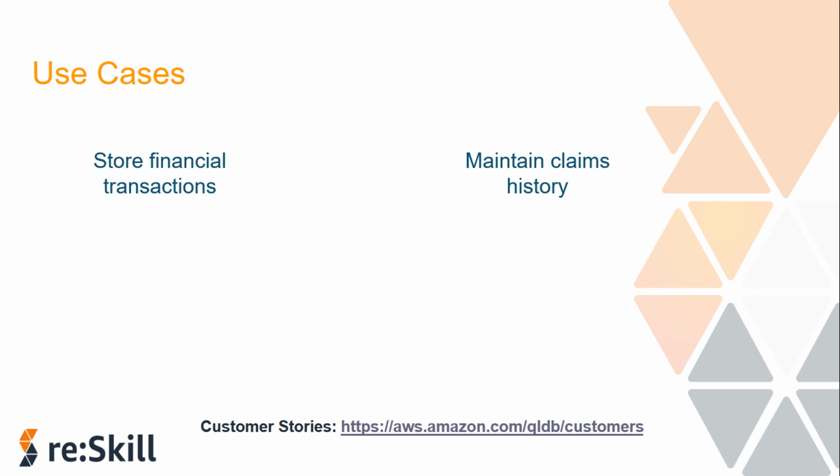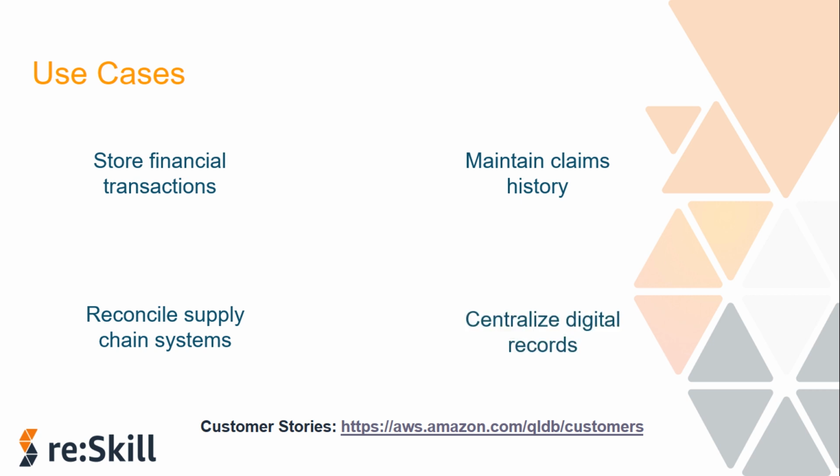And we can also use it for reconciling the supply chain system, where we can track a claim over its lifetime and cryptographically verify the data integrity to make the application resilient against data entry errors and manipulation. Also, we can implement a system of record application to create a complete centralized record of employee details such as payroll, bonus and benefits.